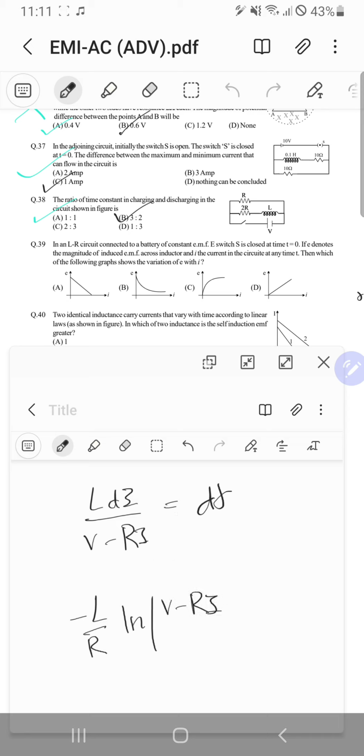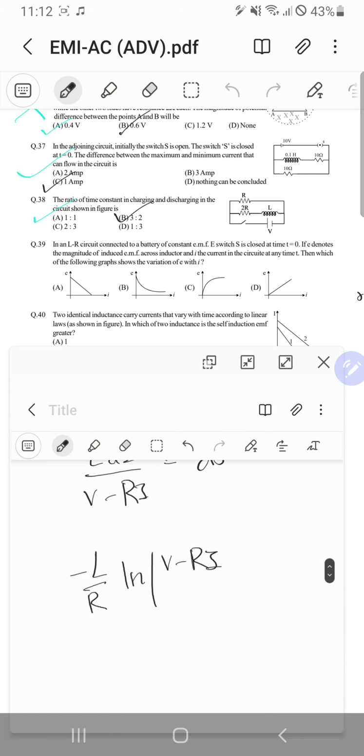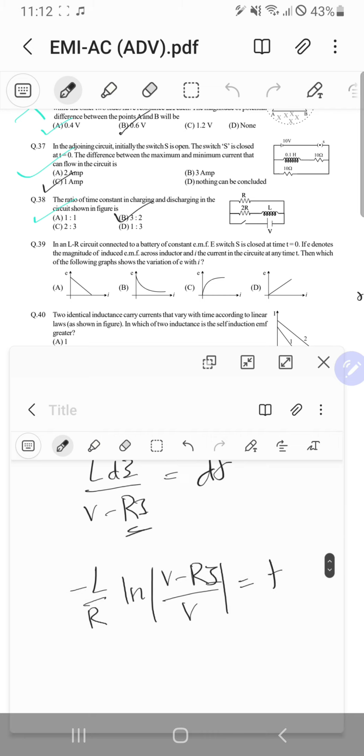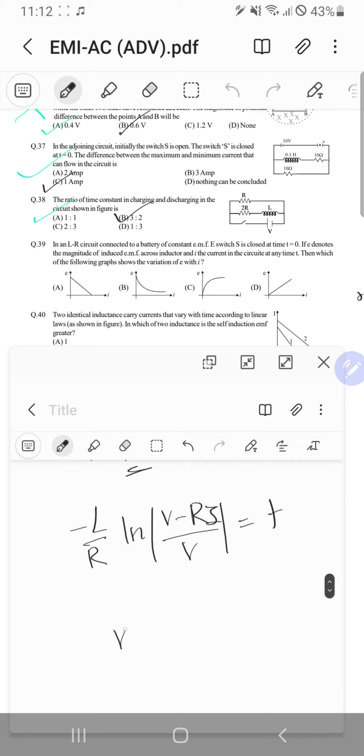Initially the inductor is not letting current pass through it, right? So the lower limit term is just V, and that equals the integral of dt, that's t. So you get V minus Ri upon V equal to e power negative Rt by L. That's cool.